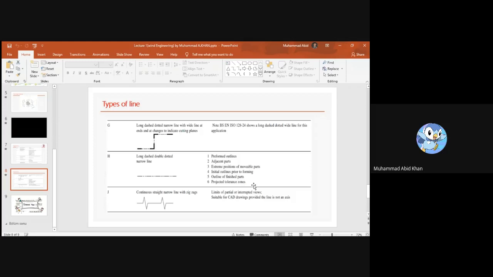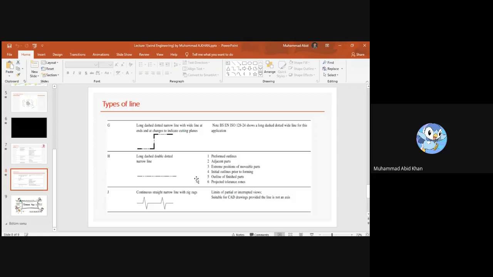Where we use the long dashed double dotted narrow line, that is the 6th application. Okay, example H we did.